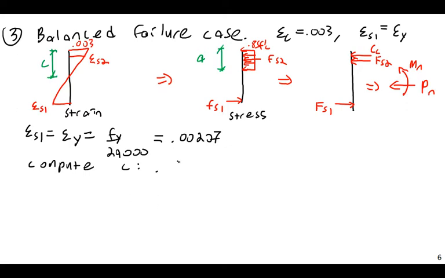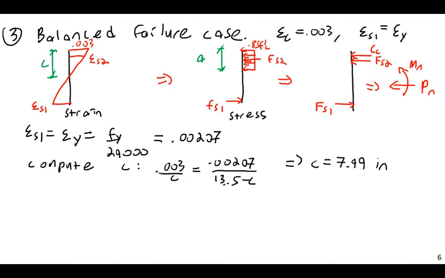So applying similar triangles, 0.003 divided by c is equal to 0.00207 divided by 13.5 minus c. Here I find that c is approximately 7.99 inches, so almost right near the middle of the section. For a balanced failure, that's not a bad location for that to be.